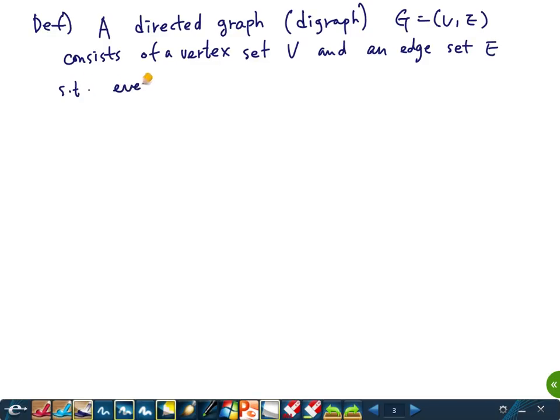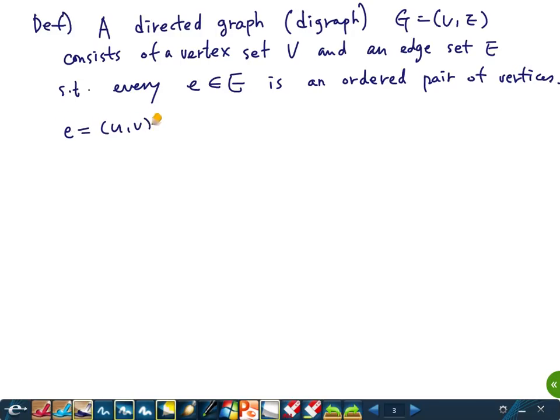Every element E in this edge set is an ordered pair of vertices. So previously we had an unordered pair, but now an ordered pair. For instance, if E is (U, V), ordered means this is different from (V, U).